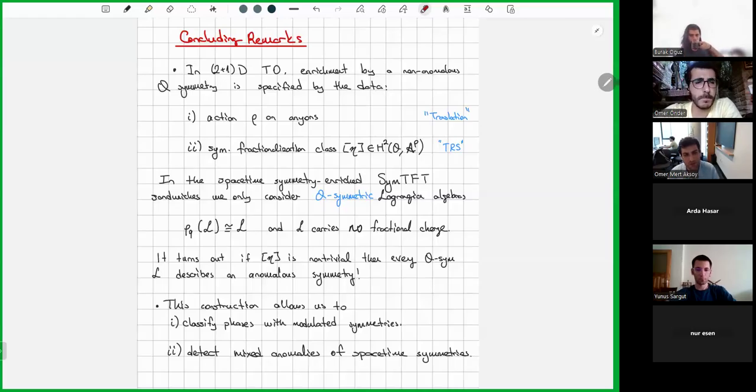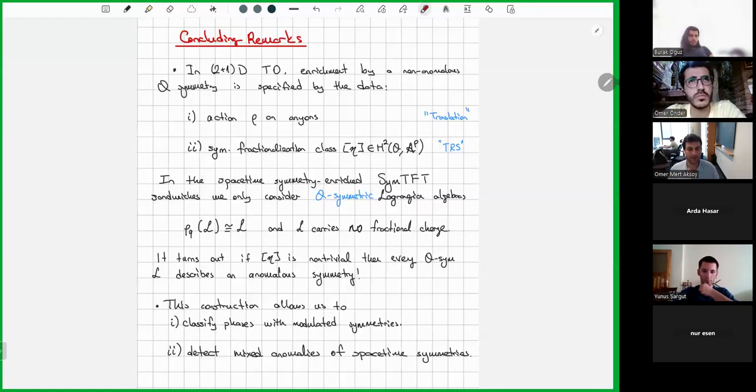Even before that, there is an issue. In this SymTFT construction, we always think of topological field theories with at least one gapped boundary. With fractional quantum Hall, you don't have any gapped boundaries because boundaries are chiral. So that's a question that people ask frequently. I don't have an answer. I don't know if such a fractional quantum Hall state would correspond to some symmetry.